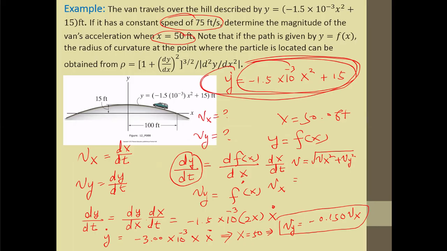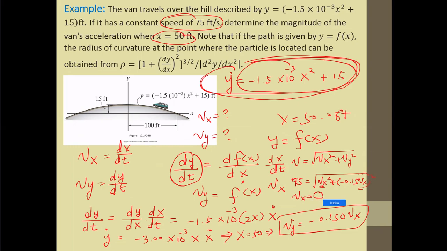So the speed is 75. 75 equals the square root of the velocity x component squared plus the velocity y component squared. Make a square, then we have only one variable. We solve for vx, whatever number comes out.